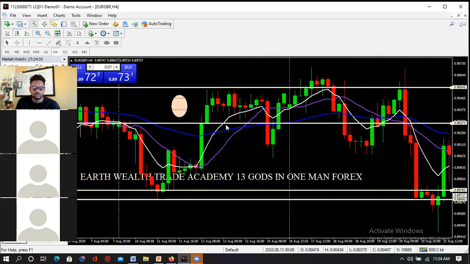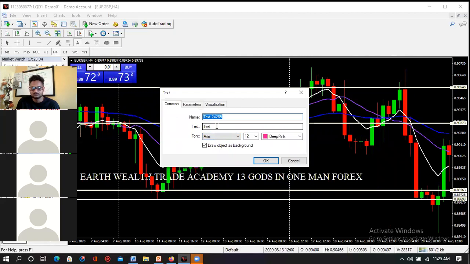This line down here is known as support. Up here, this line is known as resistance. So within price happening, you have support and resistance. So down here is known as support.